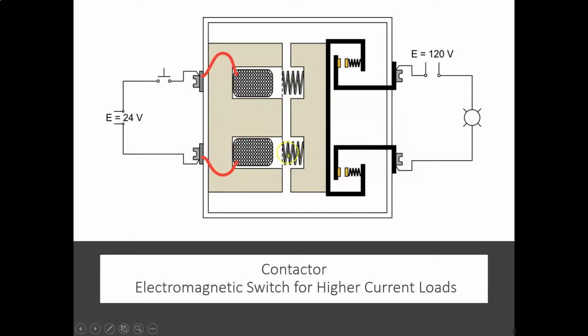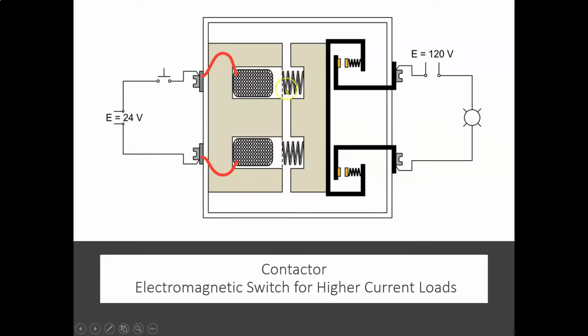It's going to create an electromagnetic field, and this core is now becoming a magnet. Then we have return springs here. What's going to happen is this armature is going to be attracted and pulled down to this magnet, and when you do that, these springs are going to compress.